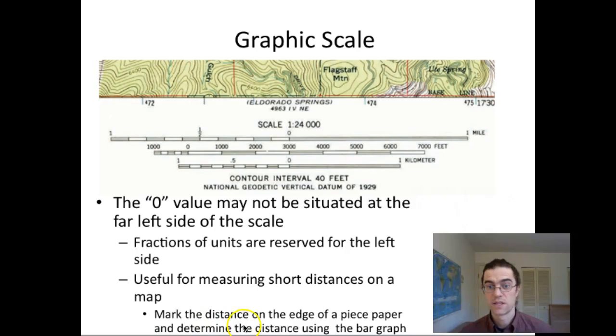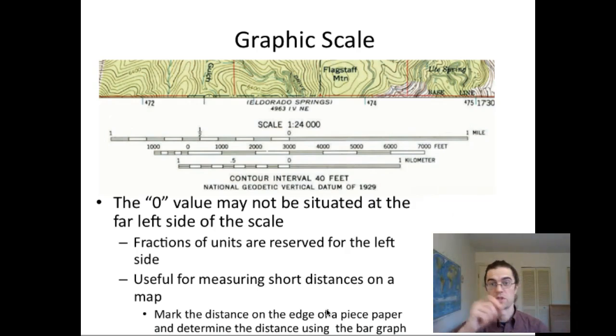We can mark the distance on the edge of a piece of paper and then determine the distance using the bar graph. That's a real handy little quick technique. It's just to hold up a little piece of paper right to that scale bar, and then you can mark off, with your fingers, oh, it's about 1 inch on the bar. It corresponds to how much.